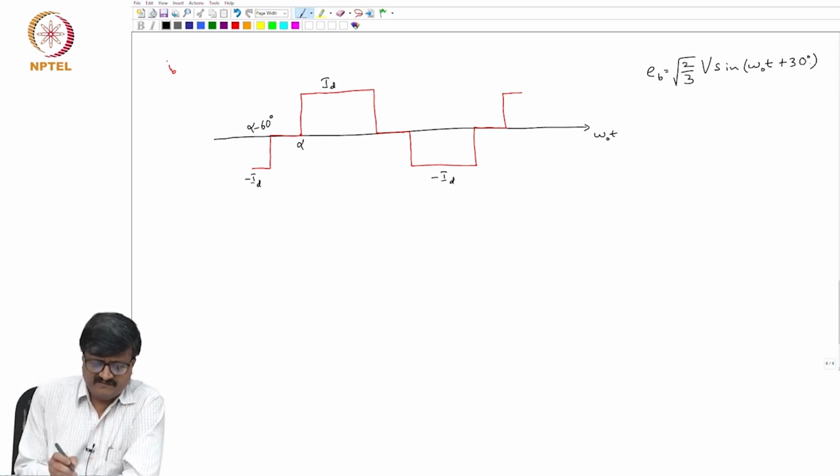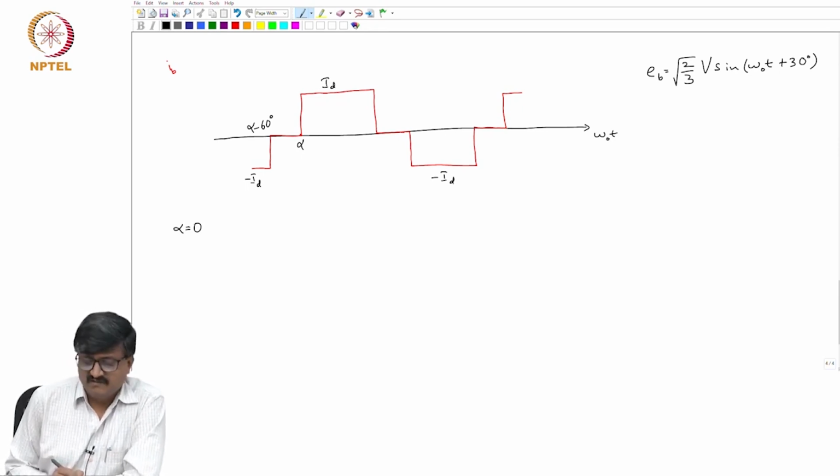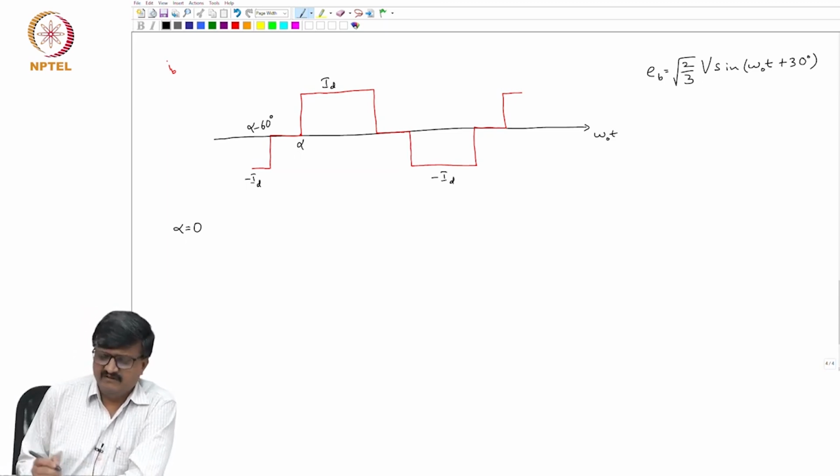Now, let us take a special case. Alpha is say 0. Suppose alpha is 0. Okay. If alpha is 0, then if I want to plot EB, suppose I want to plot EB.